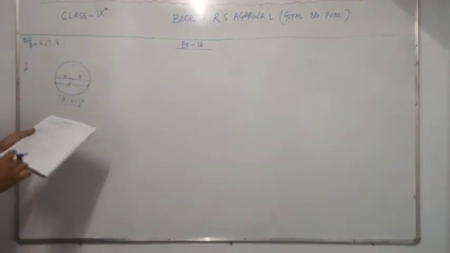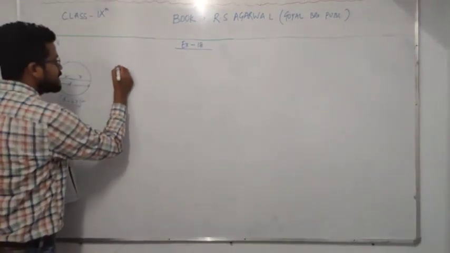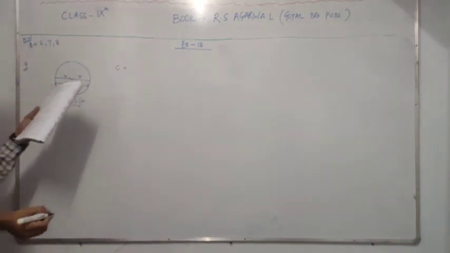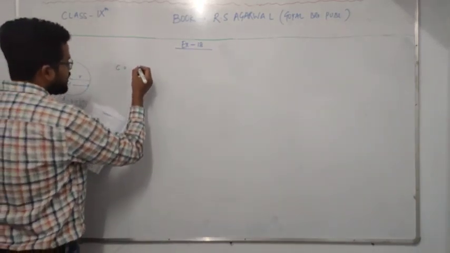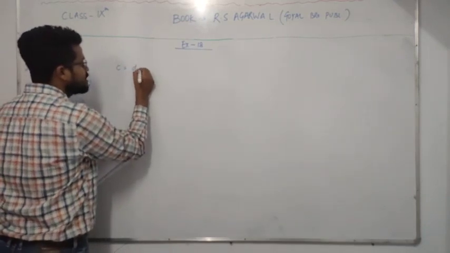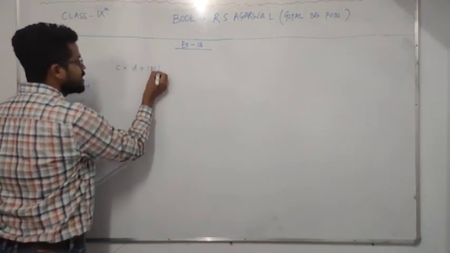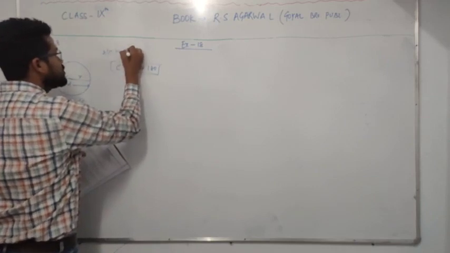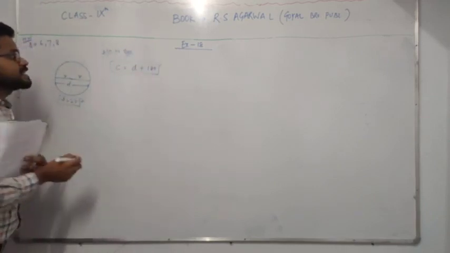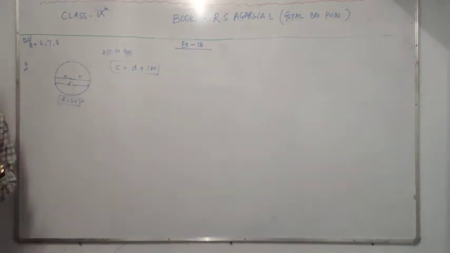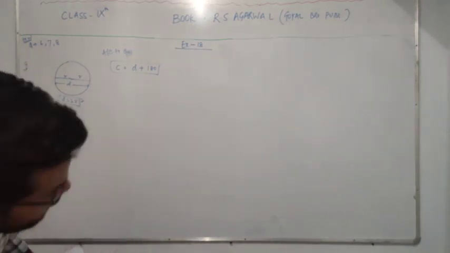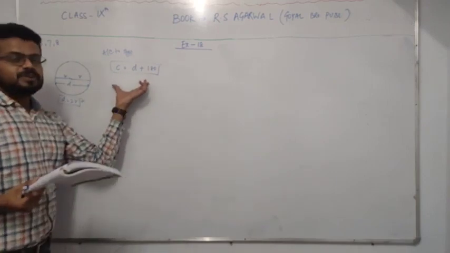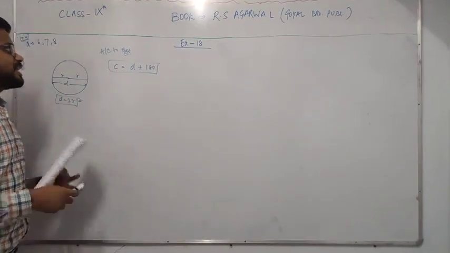Now according to the question, circumference exceeds its diameter by 180 centimeter, so circumference is diameter plus 180. C is equal to D plus 180. I just write what is given in the question.